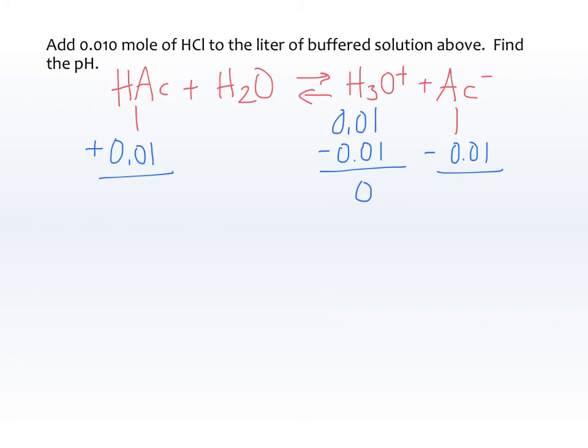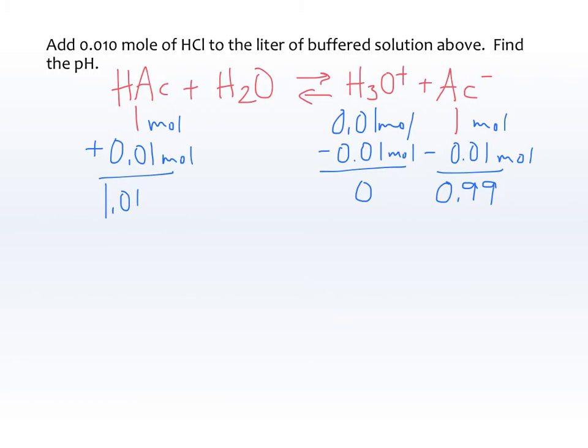The Ac minus, 1 minus 0.01, is 0.99. And the HAc, 1 plus 0.01, is 1.01. These are the numbers of moles, specifically, not molarity. Happens to be that the moles and molarity are the same in this case because we have 1 liter of solution.